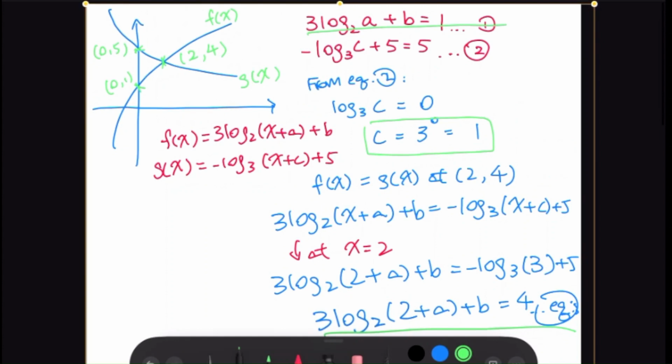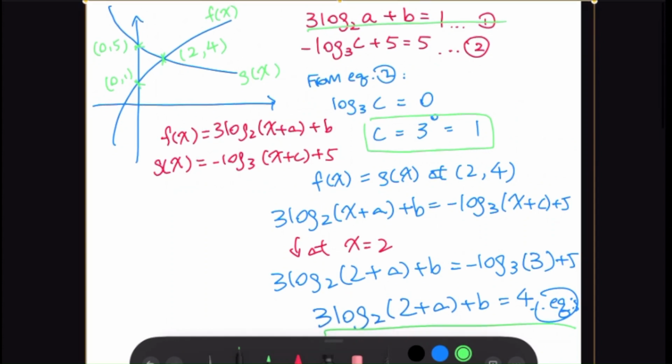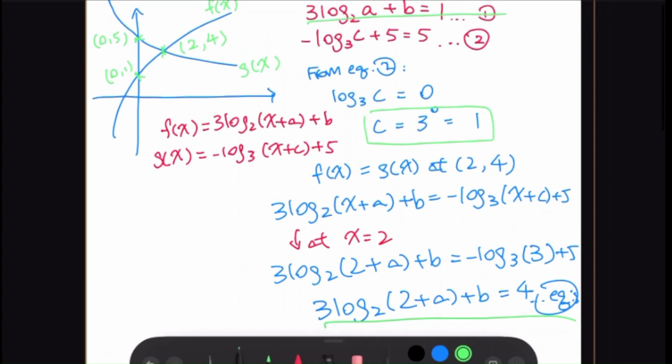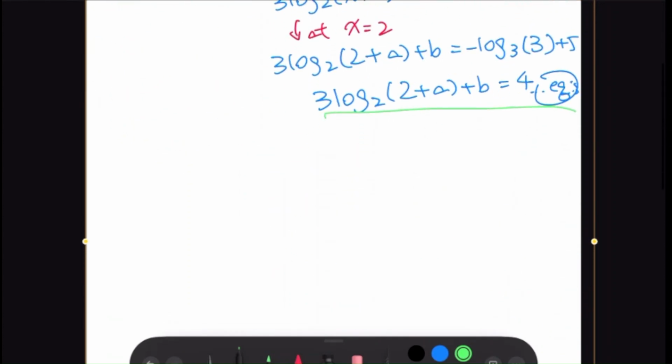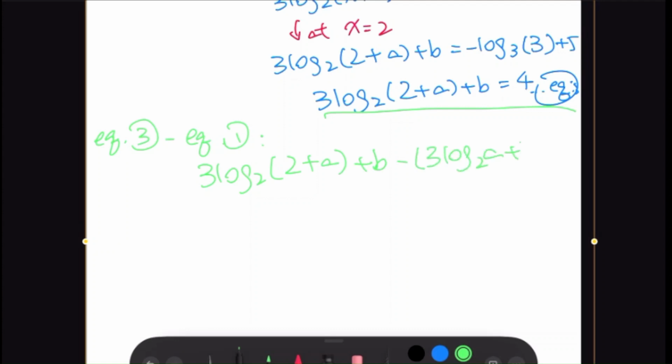So notice, is there anything specifically we can do to get rid of these variables? I would suggest doing equation 3 minus equation 1, which gives us 3 log(2 + a) + b minus 3 log(2a) + b equals 3.